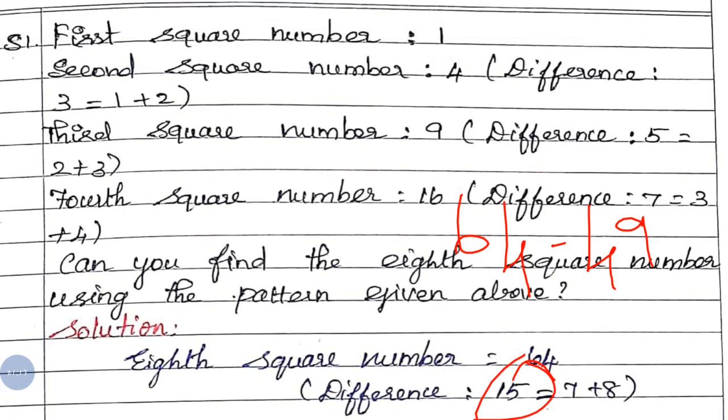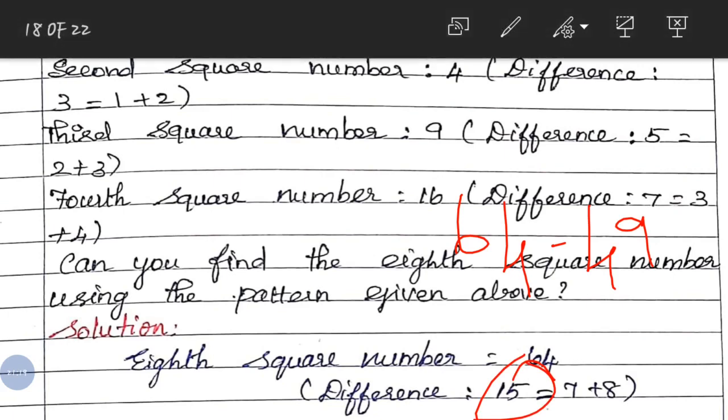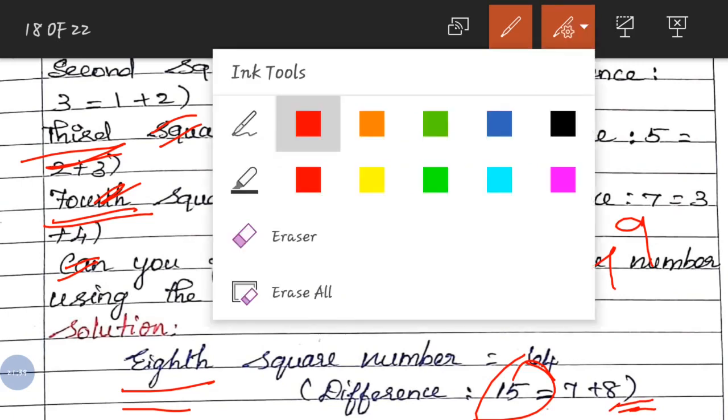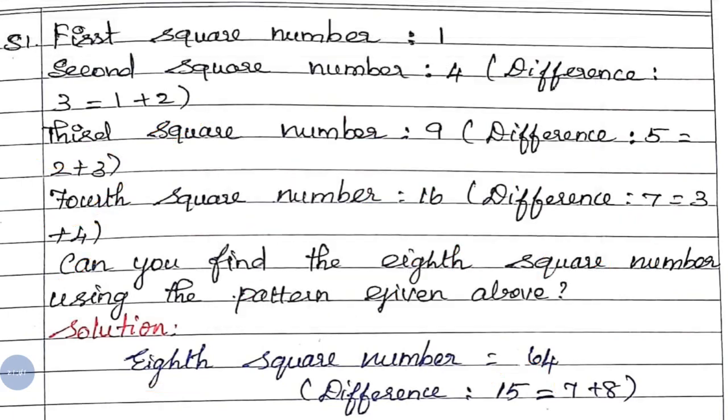Here it is the second square number, right? For the second square number, the last end point will be 2. For the third square number, the last end point will be 3. For the fourth square number, the last end point will be 4. And here it is the 8th square number, so the end point will be 8. And before that, you should write the previous number. Okay. Just look at this.